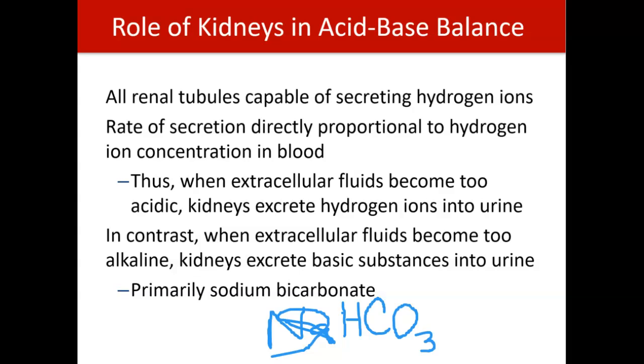So when the body senses a lot of acids in the blood, it is going to use this sodium bicarbonate molecule to buffer it, meaning it's going to break this apart and neutralize the acid. So if I don't have enough bicarbonate, my blood can get very, very acidic. If I have too much of it, my blood is going to be a little bit more alkaline, or on the basic side.